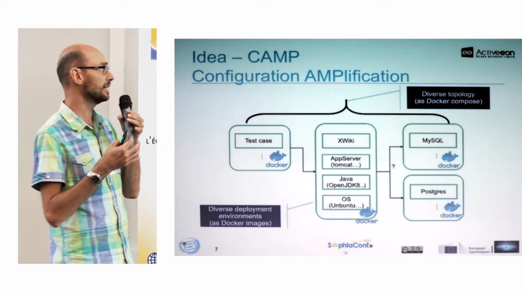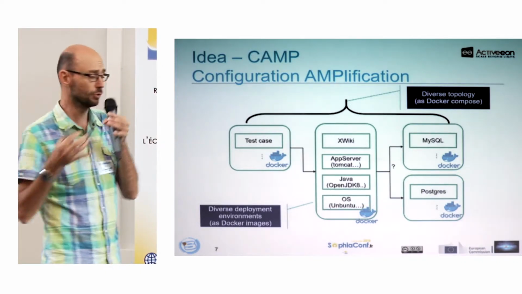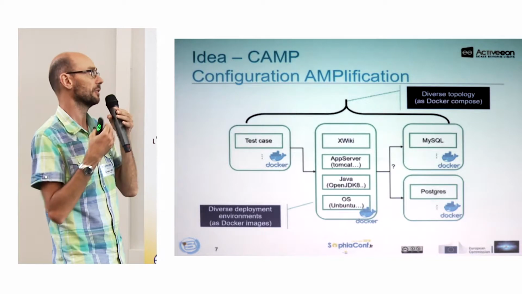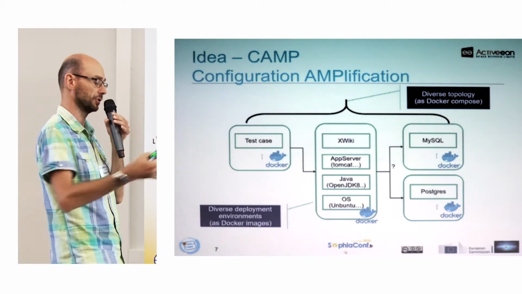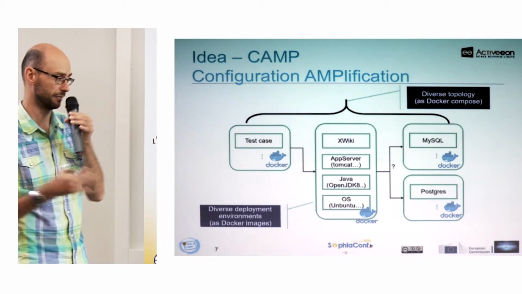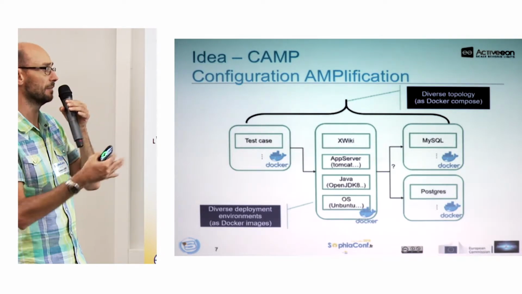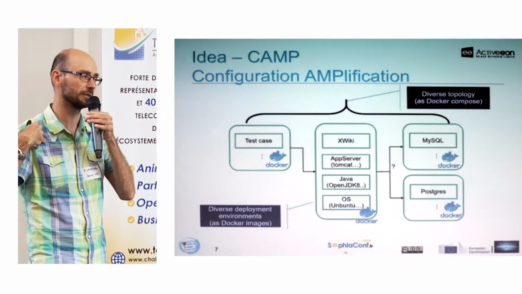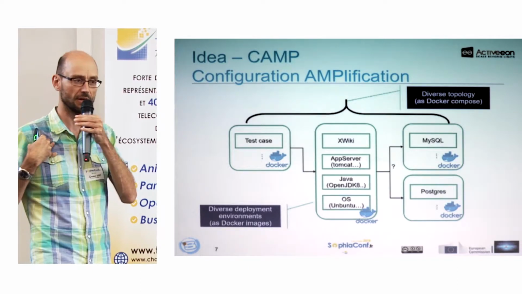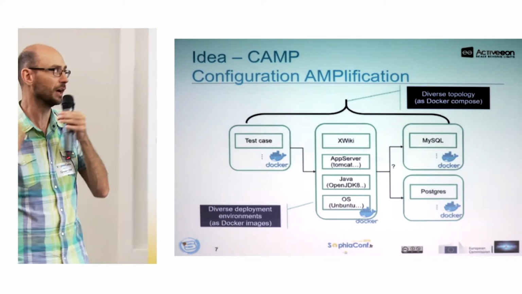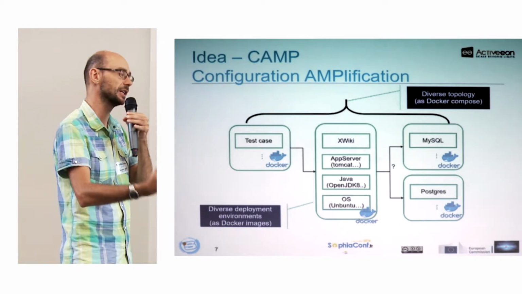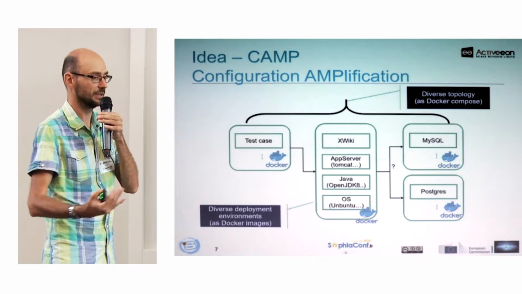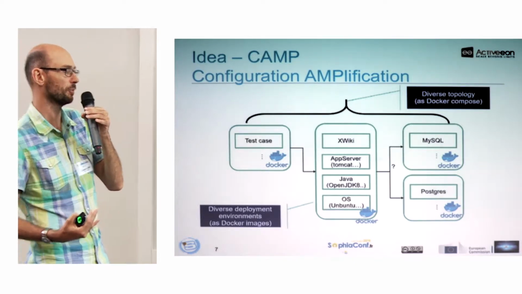And automatically, it produces new Docker files or new Docker compose files, with a different version of JDK, different version of operating system, and so on. And this is particularly useful if you are like us, a software editor, because you don't know on which system, with which database, your client will use your software. But they still need to have it working properly.